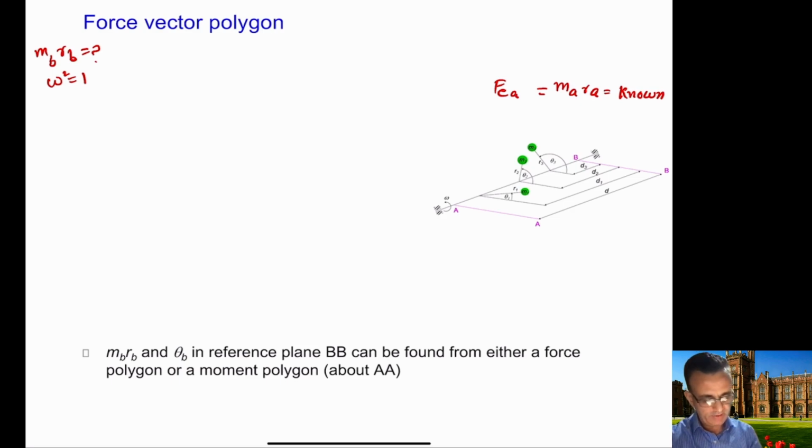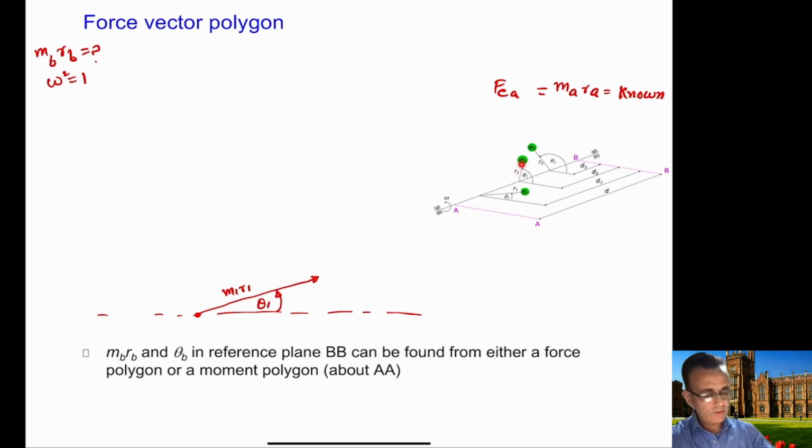So again, you can start from some convenient position here. And again, this is a graphical procedure, so you will need to do everything with reference to some scales. If you start from this point here, the first vector that you have is M1R1, and you will draw this M1R1 with some suitable scale and theta 1.